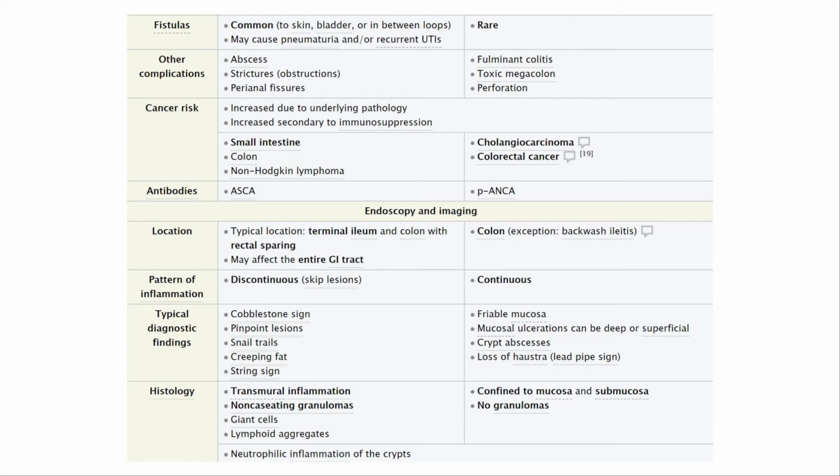And just remember that there are fistulas that can go between the GIT and the bladder, or the uterus, or the skin. Whereas UC doesn't really do that. It more has things like toxic megacolon and the really severe colitis that can kill you.